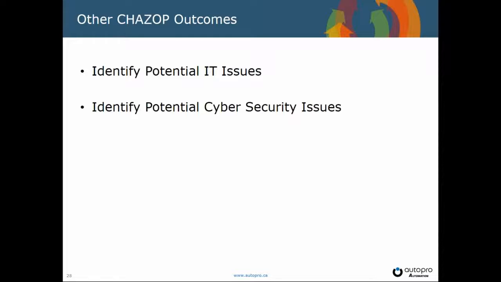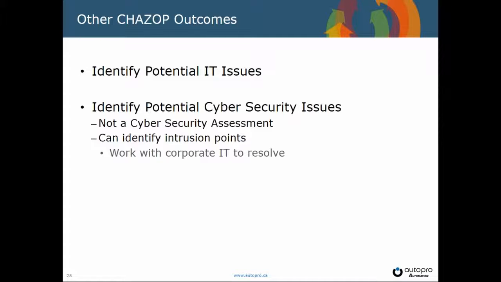We can identify some cybersecurity issues, although the CHAZOP is not a cybersecurity assessment or an audit. We can and we do ask some questions about network intrusion, not necessarily malicious, but maybe unauthorized, and what happens in terms of a partial failure where we might get a network storm. We can identify potential intrusion points and what we can do to prevent that.